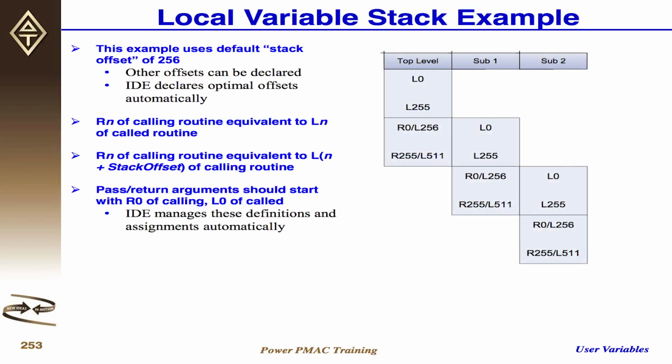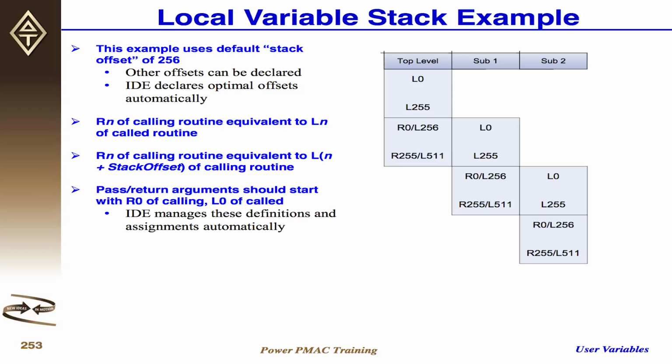And just to explain the LR variables thing a little bit clearer, in the top level program here, we have L0 through L255. Those are local variables to it. They have no significance directly to subprograms that it calls. In addition to those L variables, L256 and R0 are the exact same variable.